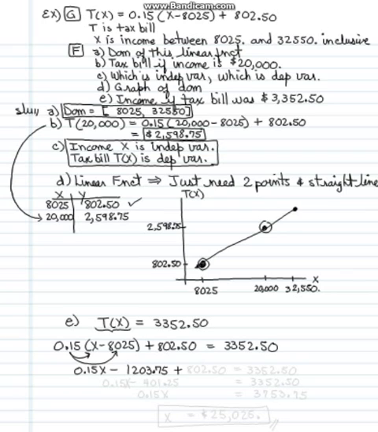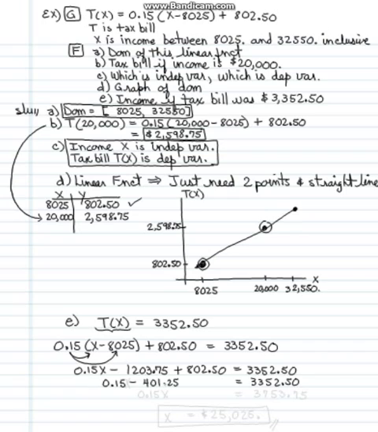Bring down the plus 802.50. Bring down the equal sign. Bring down 3352.50. Okay, that gives me 0.15 X and minus 401.25 equals this side.